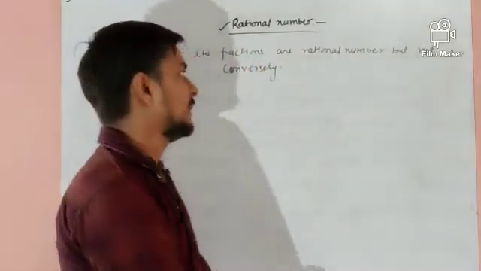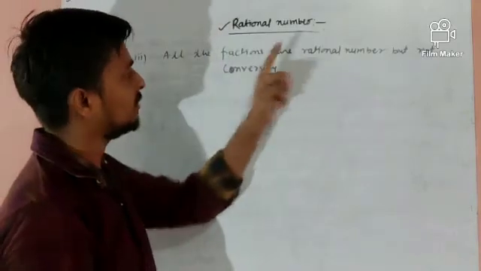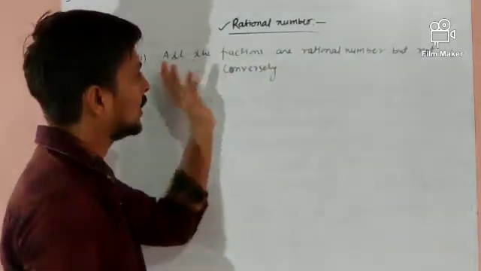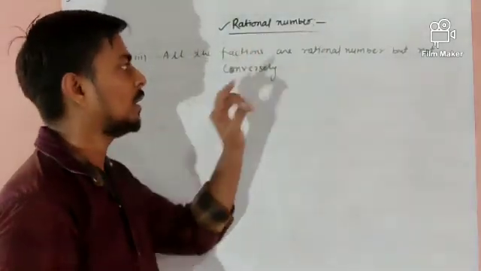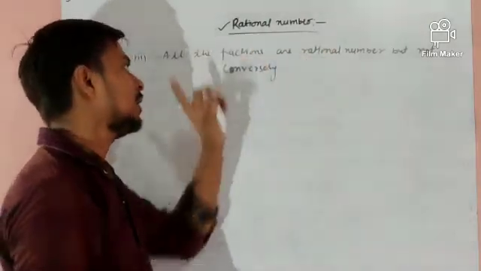Once again, the statements are similar. All the fractions are rational numbers. We can say every fraction is rational, but every rational cannot be a fraction.